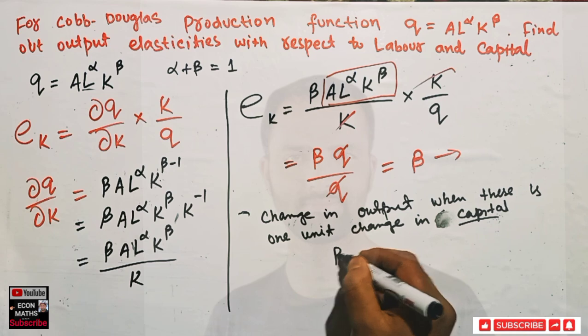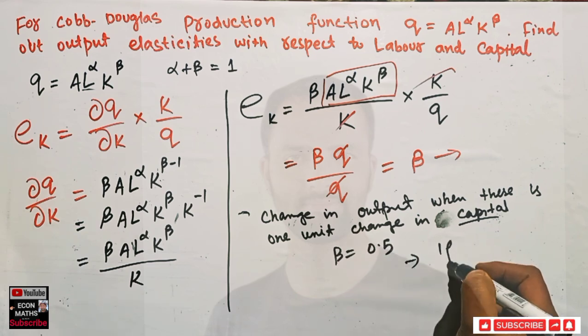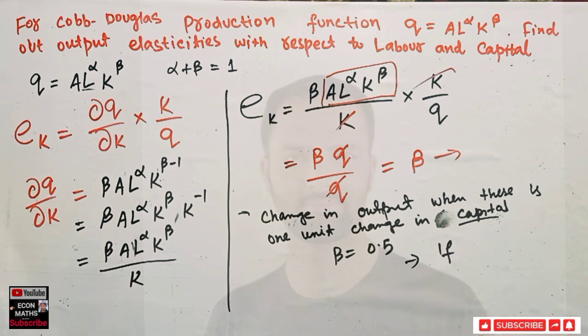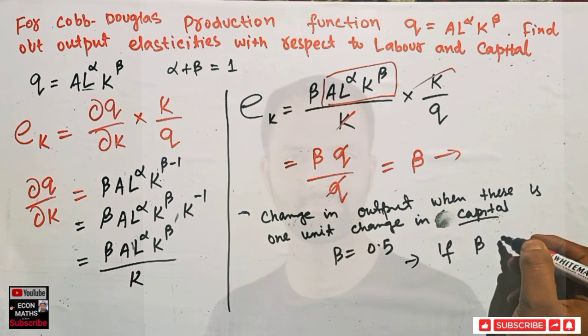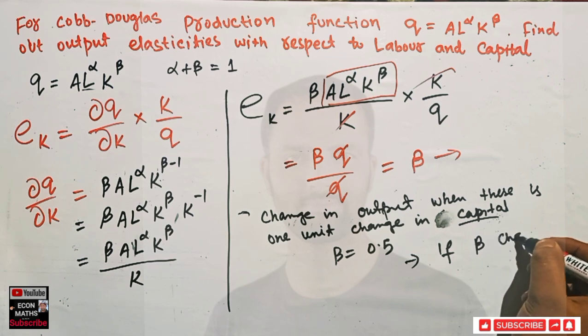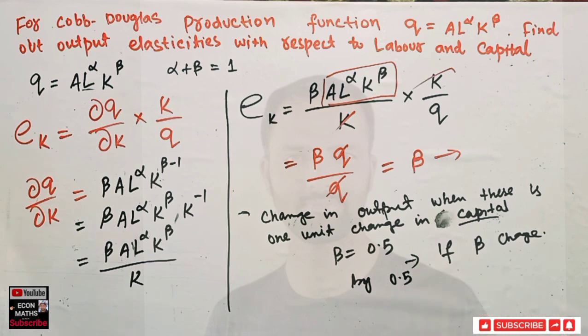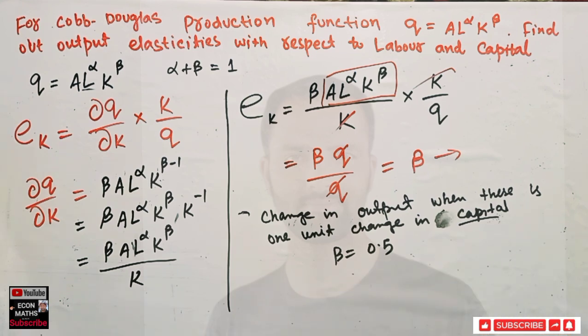Let us say beta is equal to 0.5. What does this tell us? It simply tells us, if beta is equal to 0.5, what does this tell us?